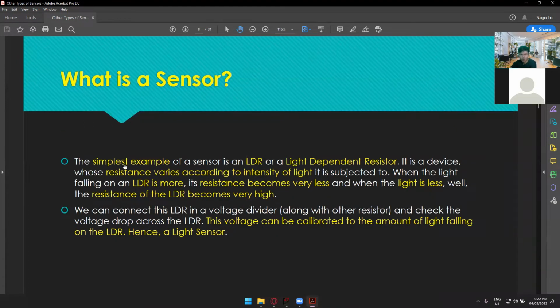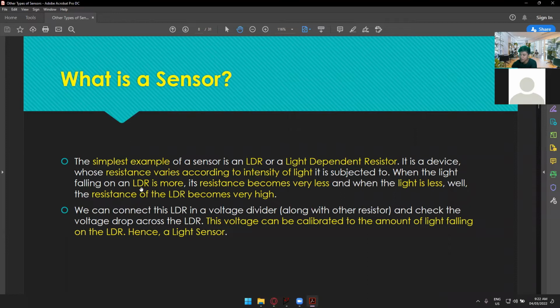Here's the simplest example of a sensor, an LDR, or light dependent resistor. It is a device whose resistance varies according to the intensity of light.